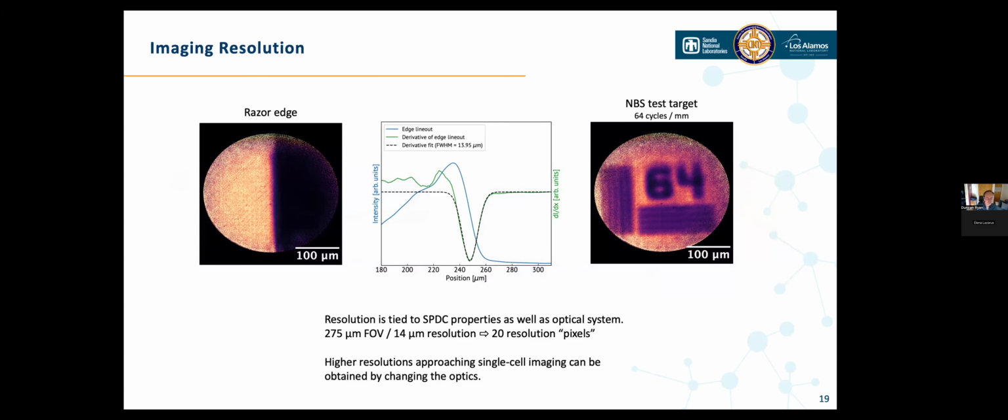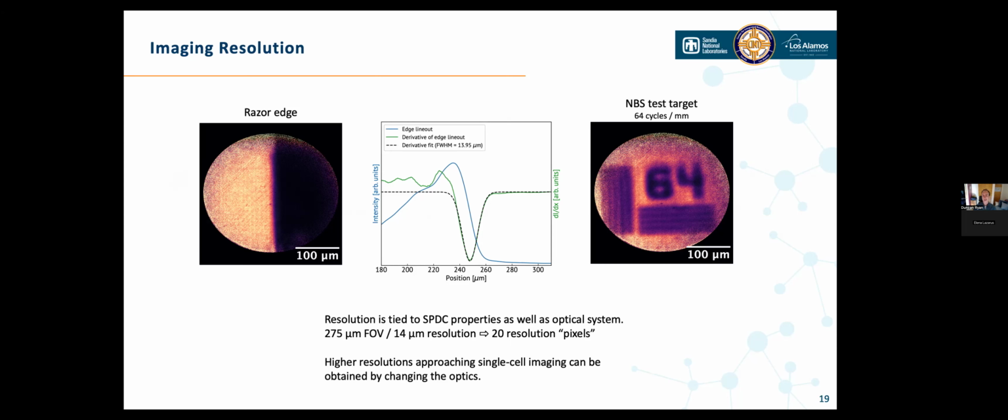Now, this is a microscopy technique, so microscopists like to know what is the resolution, what can you see on these instruments. I will say that in our current implementation, a lot of the data I'm going to present is from a particular imaging configuration. It can be changed to reach higher magnification. So that's actually the resolution I'm reporting.